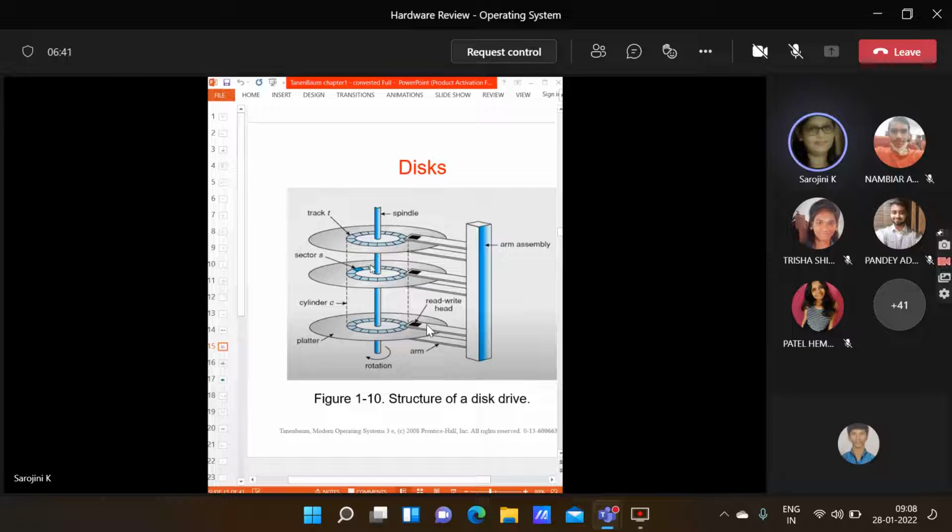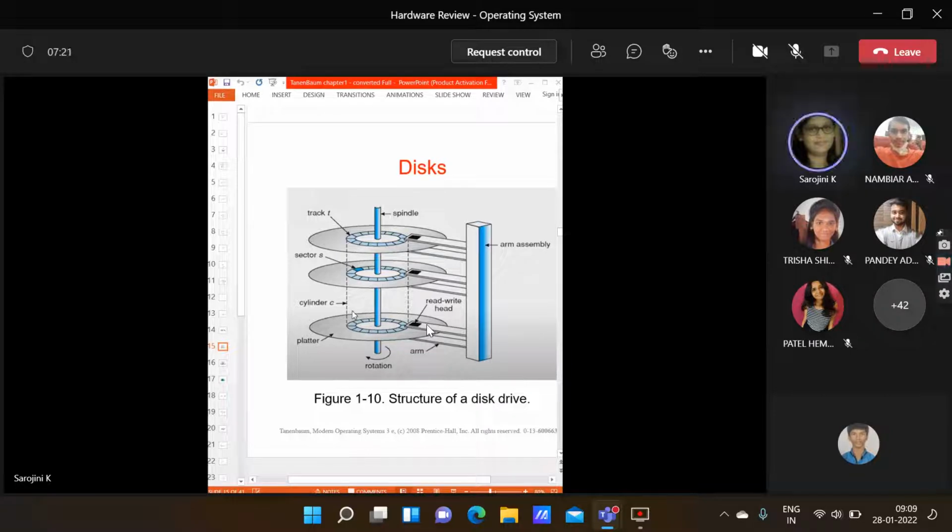There are more number of disks, and these disks together are called platters. In a hard disk drive, we will not call them disks, we will call them platters, P-L-A-T-T-E-R-S. So a hard disk drive consists of a number of metal platters, and these platters are rotatable.